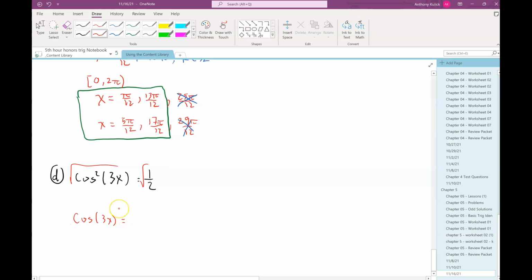So what do we have to remember when we square root both sides? Plus or minus. Okay, when I square root 1/2, the square root of 1 is 1. And then I'd have 1 over the square root of 2. I'm going to rationalize that denominator right now and just write that as root 2 over 2. Everybody's okay how square root 1/2 became root 2 over 2?